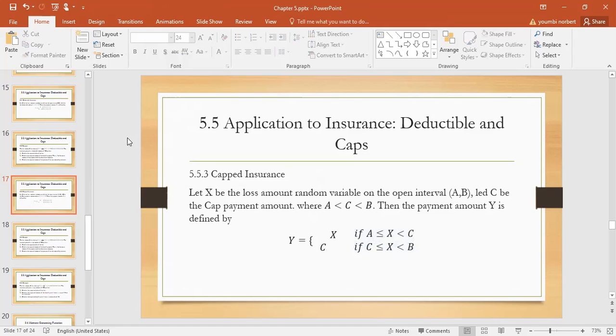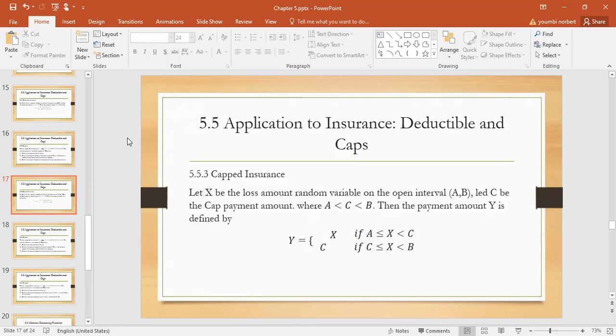If you have both deductible and cap, then if the loss amount is X, the payment amount will be 0 if X is less than D, it will be X minus D if D is less than X less than the cap, and it will be cap minus D if C is less than X less than B. B is like the range for the possible payment.